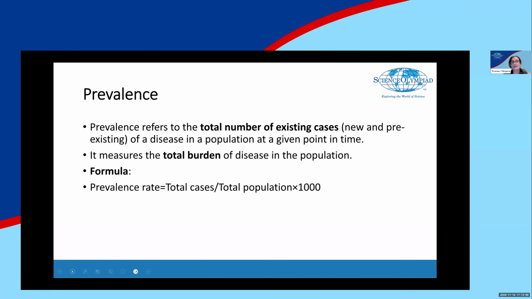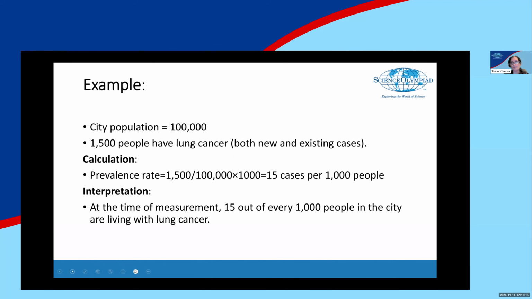And the new cases. So it will be the total cases divided by total population times 1,000. Again, you have a population, you're given the total city's population, and then you're given people with lung cancer. That will include both new and old cases, and that's 1,500, and you divide 1,500 by the population times 1,000, you'll get 15 cases.